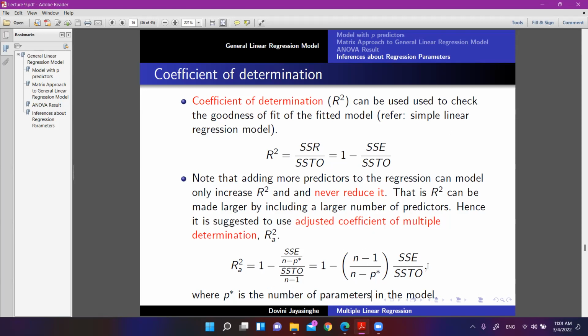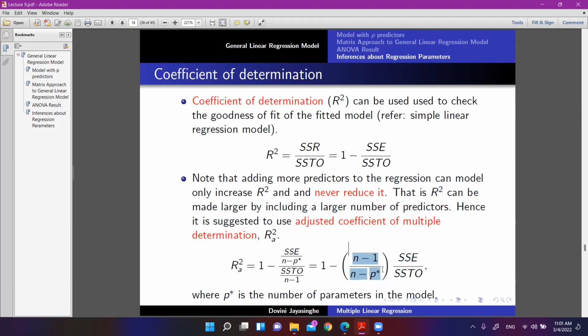So 1 minus this quantity. Here, the adjustment is done. So it's the same thing: 1 minus this one, but they have multiplied it by this particular quantity to do the adjustment for this issue. Same thing, it's easy to remember.